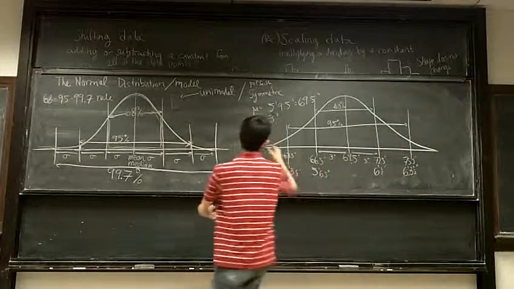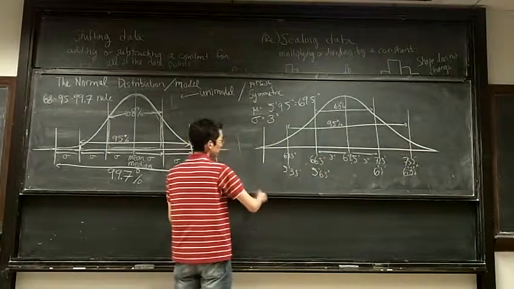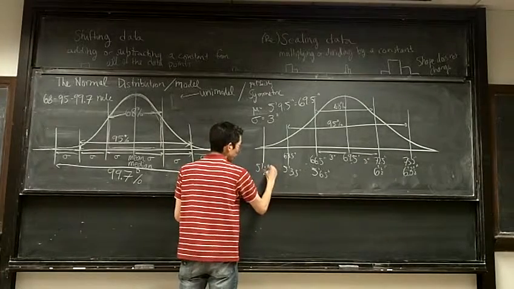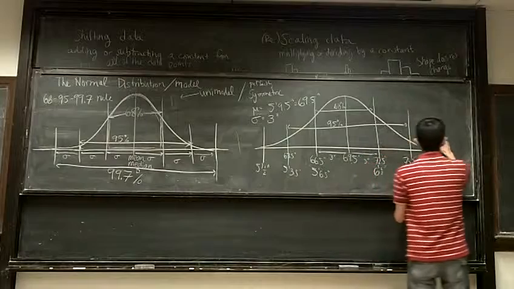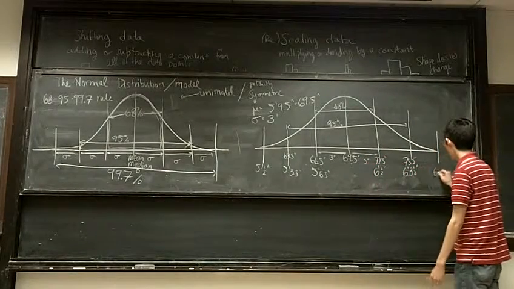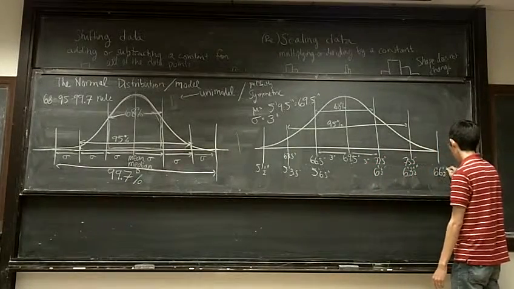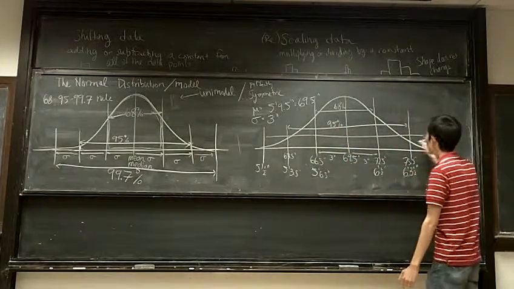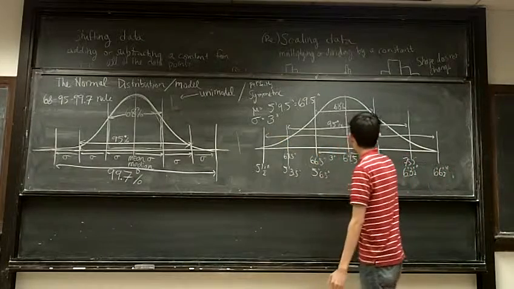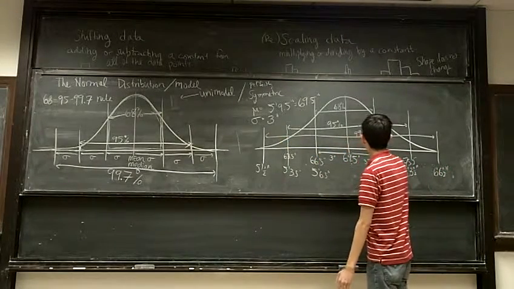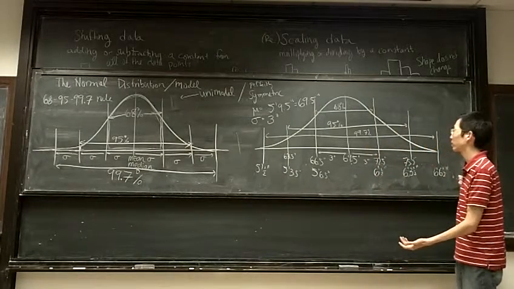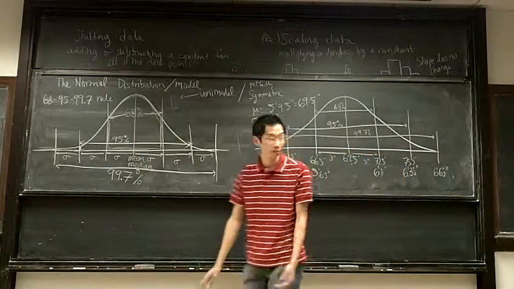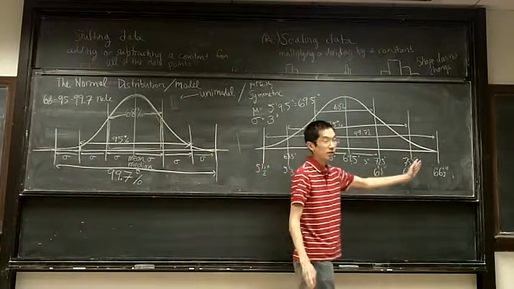And then finally, if we go out another standard deviation, we're at 5 foot and 1/2 inch, and over here, we're at 6 foot 6.5 inches. And this says 99.7% of US males are between 5 foot 1/2 inch and 6 feet 6.5 inches.